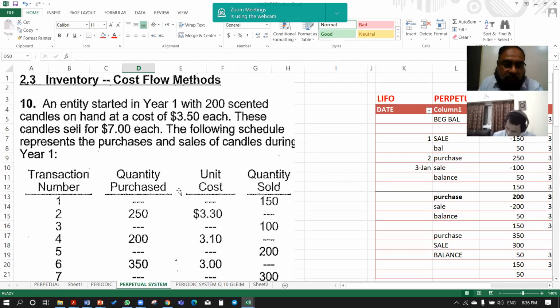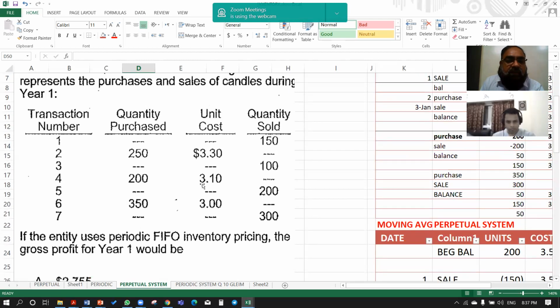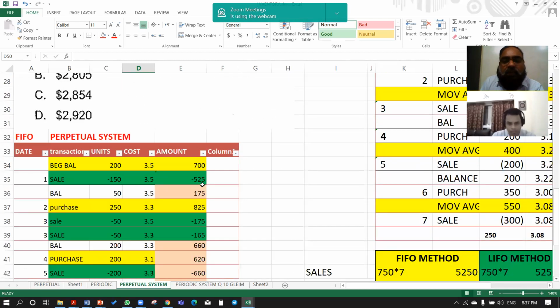So, for example, if this question says the company uses FIFO perpetual inventory system pricing, how can the multiple choice question come in the CMA exam? Let's understand.